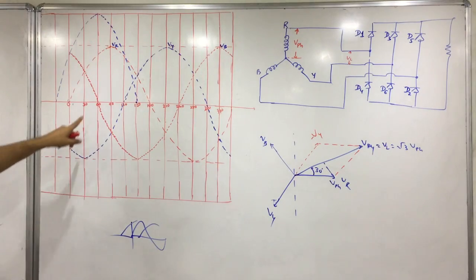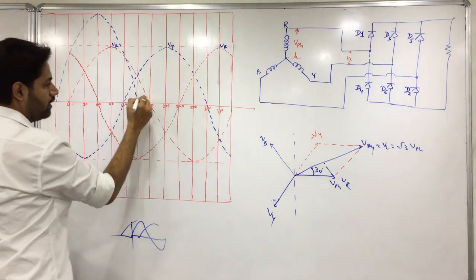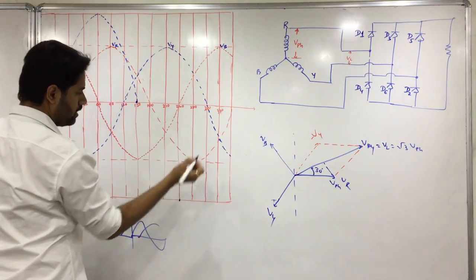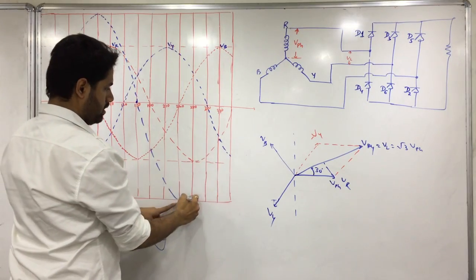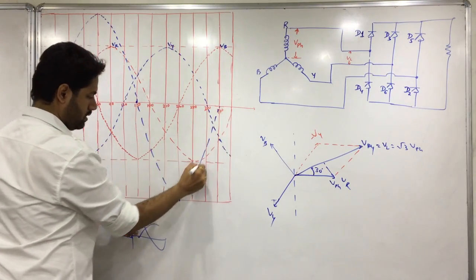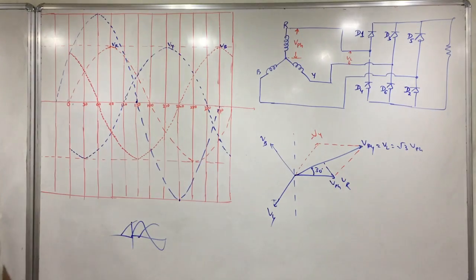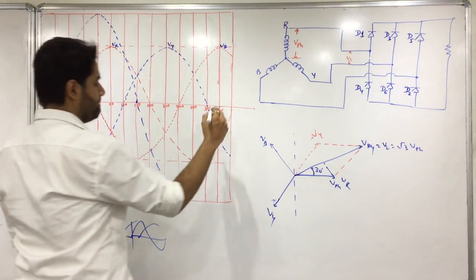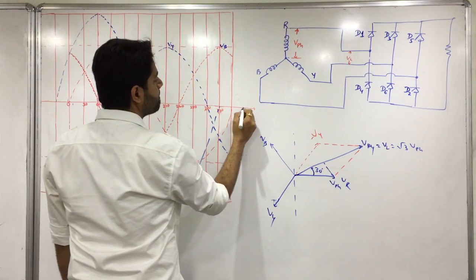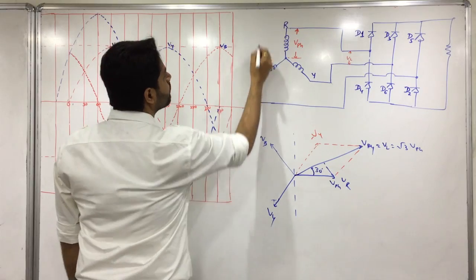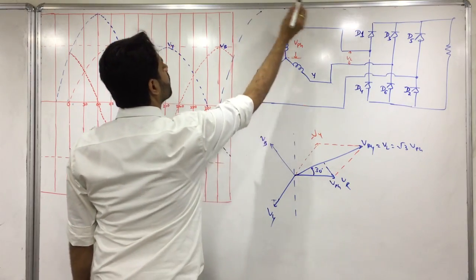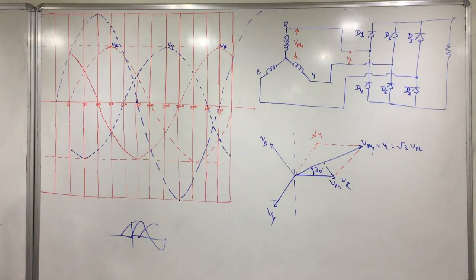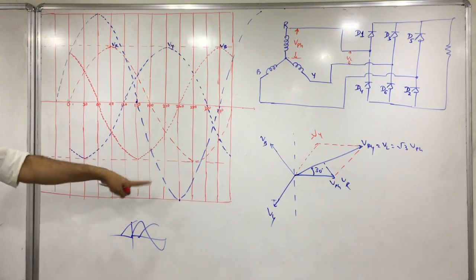Right? Okay. Then, is it clear? This is how I will get my VRY.